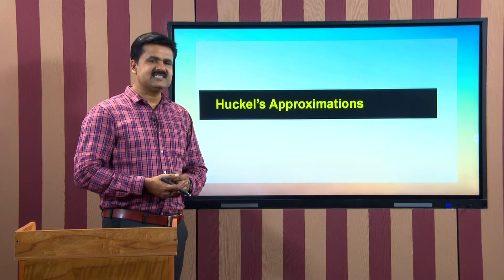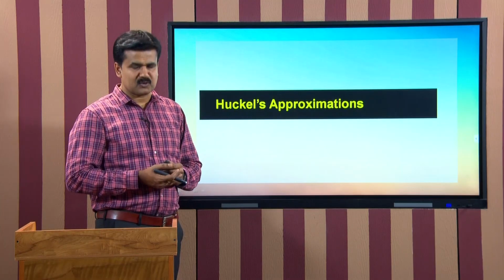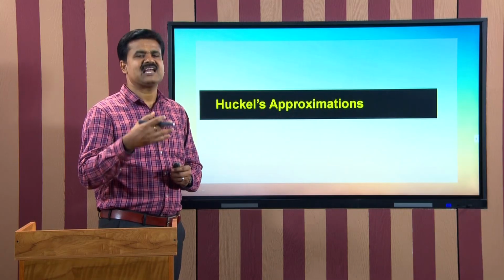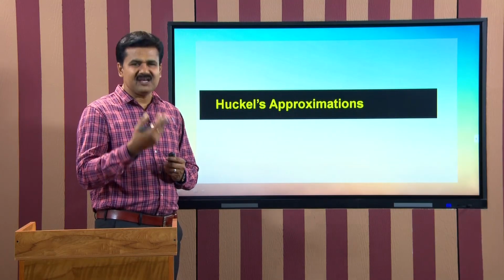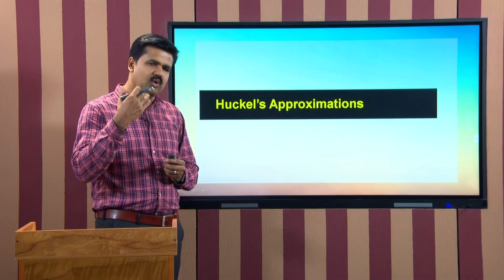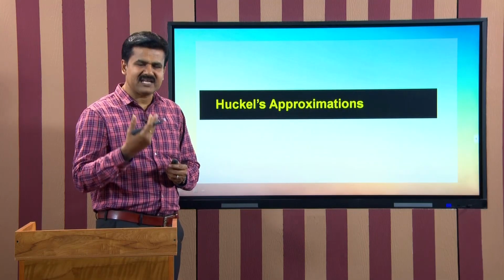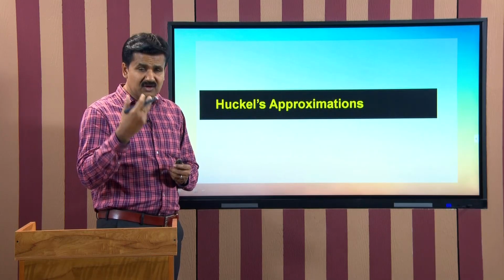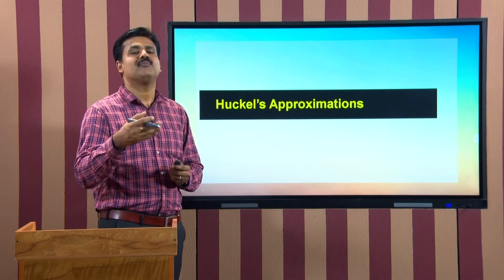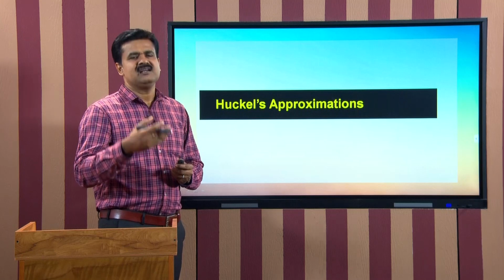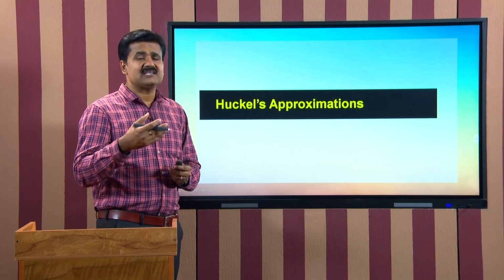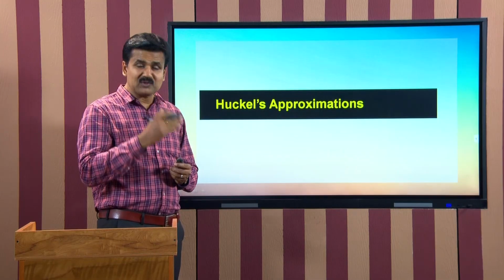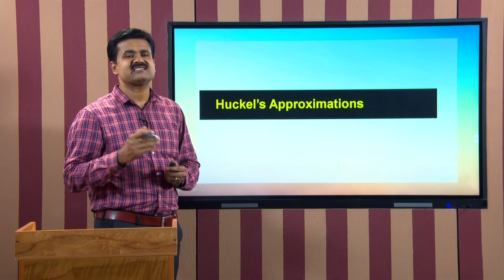Now, we are discussing Huckel's approximations. Huckel takes several assumptions and approximations to evaluate the so-called overlap integral and Hamiltonian integral. Such approximations make solving the Schrodinger wave equation easier. That is, it is possible to apply the Schrodinger wave equation very easily based on approximations put forward by Erich Huckel.